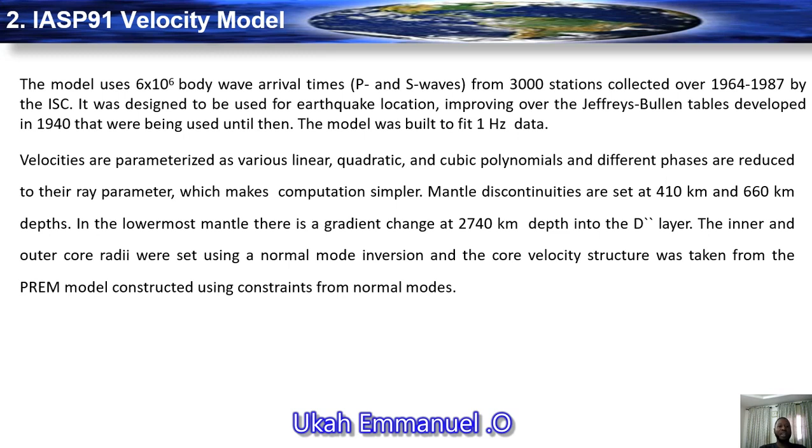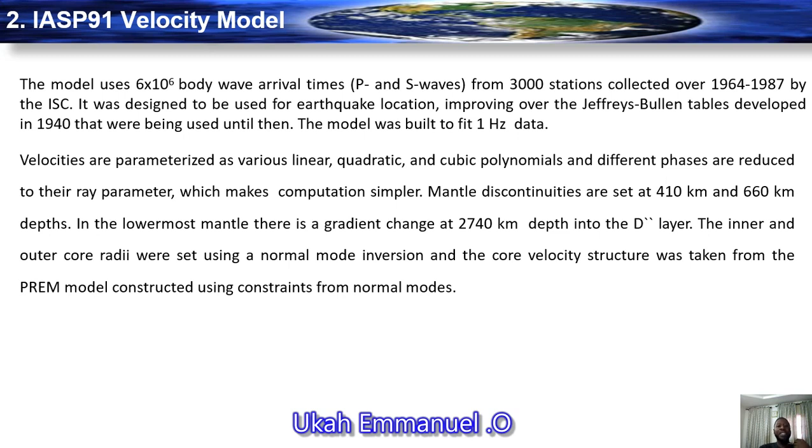So having said that, the crust is chosen to be representative of the continent. We all know that, because that is where the seismometers or the reporting stations are located.